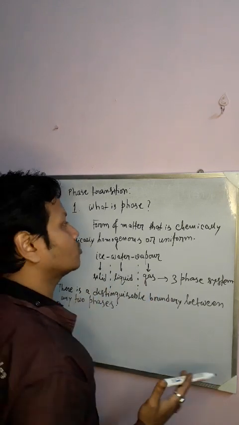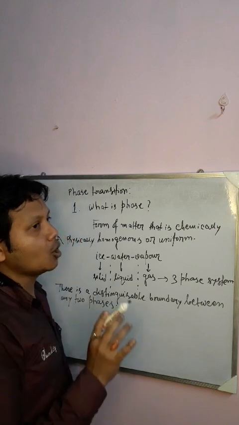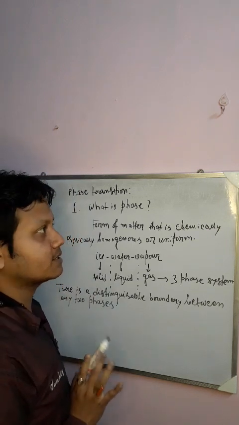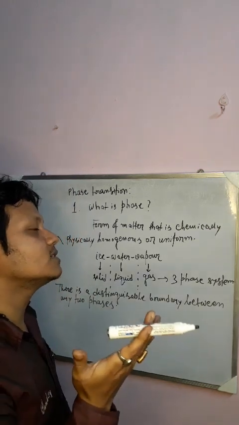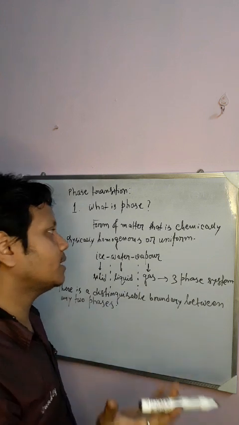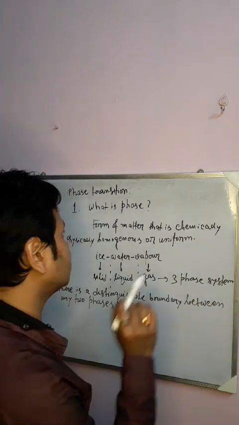So you can also give a definition, that is a homogeneous part of a heterogeneous system that is separated from other parts by a distinguishable boundary is called a phase.